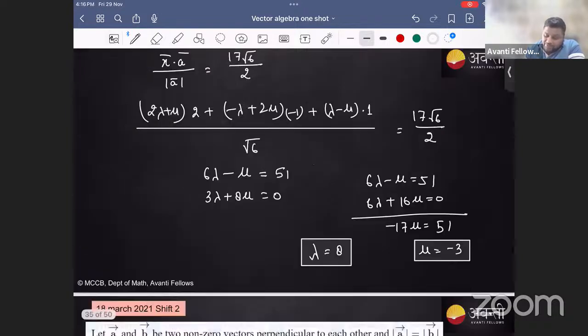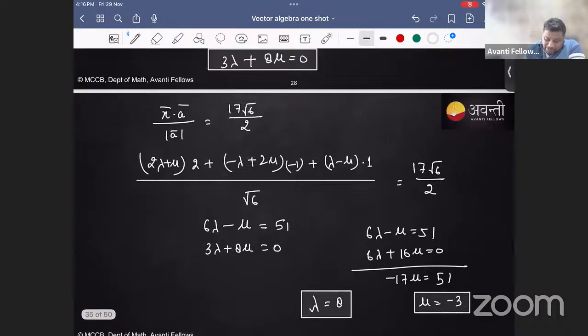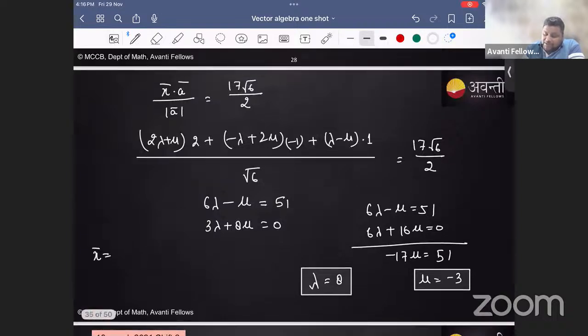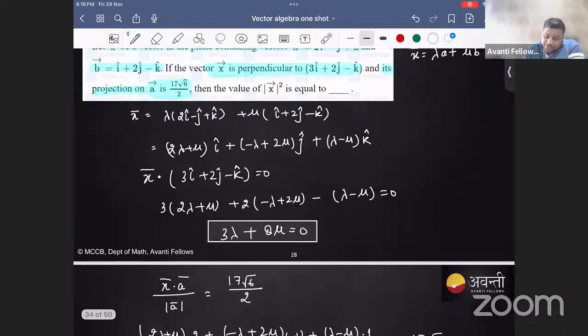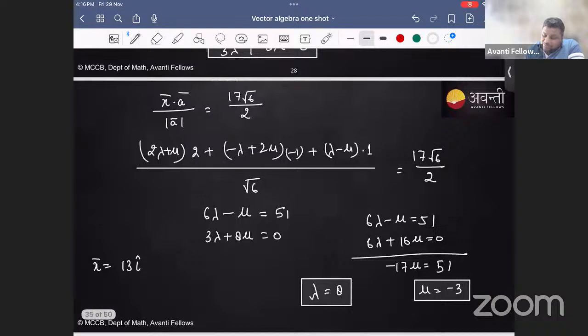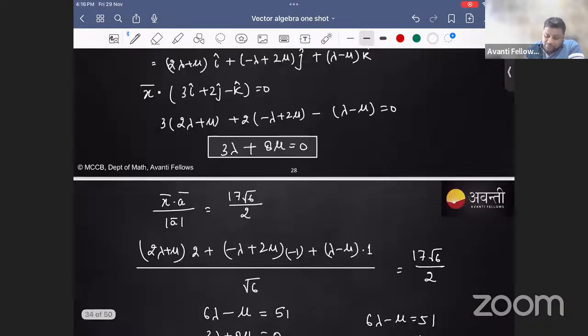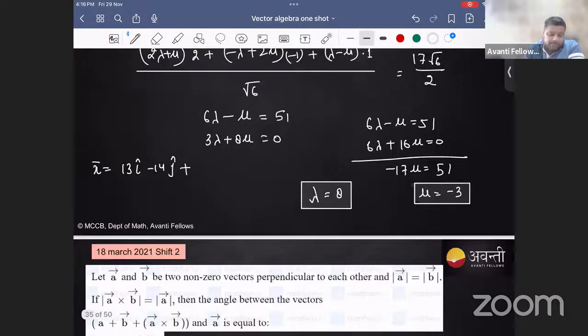Got it? And with this lambda and mu, vector x is going to be 2 lambda plus mu, so 16 minus 3, 13 i cap, then 2 mu minus lambda, so minus 6 minus 8, minus 14 j cap, plus lambda minus mu, which means plus 11 k cap.